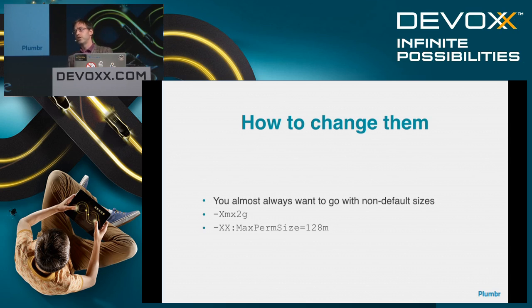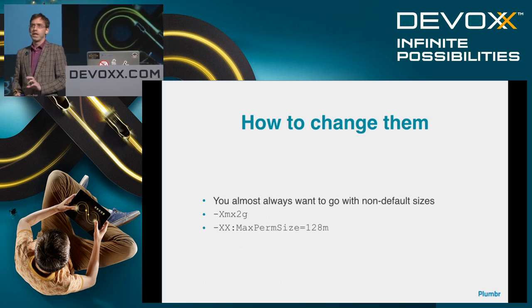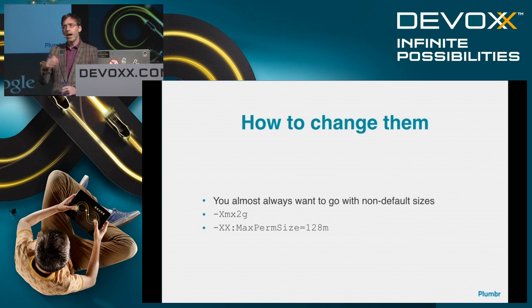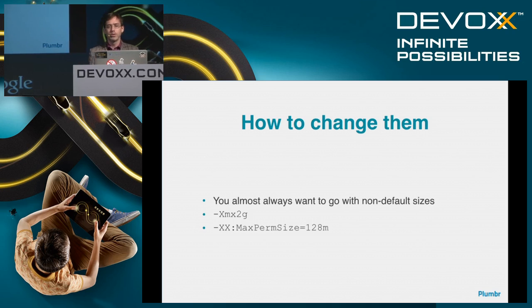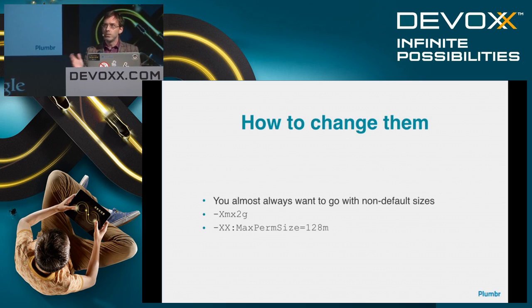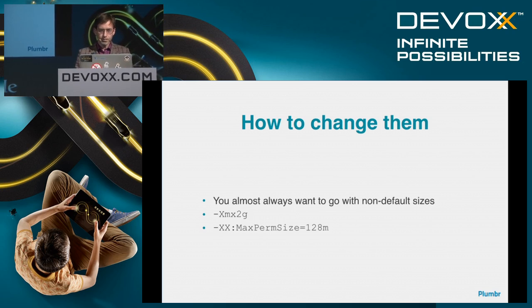The default permanent generation size is, in fact, too small for the majority of applications. Permanent generation size is really one of the options that you almost always want to increase. Unless you're on Java 8, where you have metaspace, no permanent generation, and so you have all the memory that your operating system can give you, more or less.